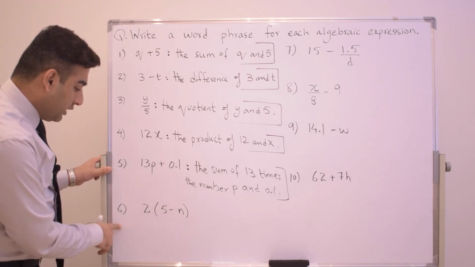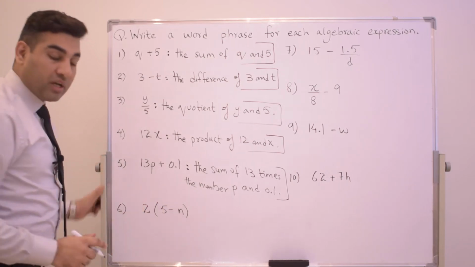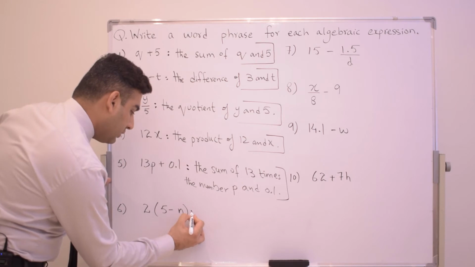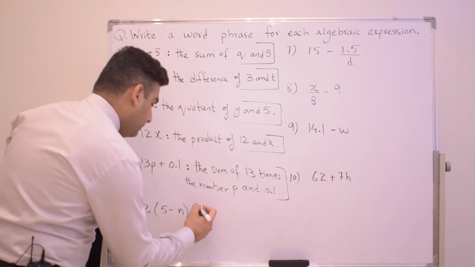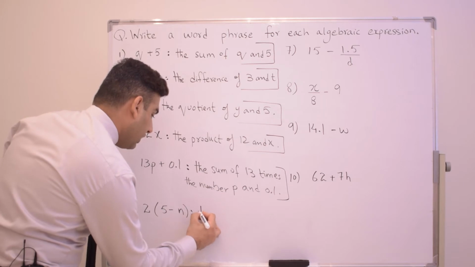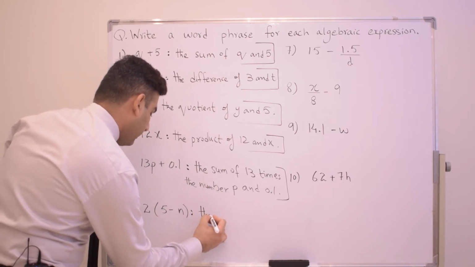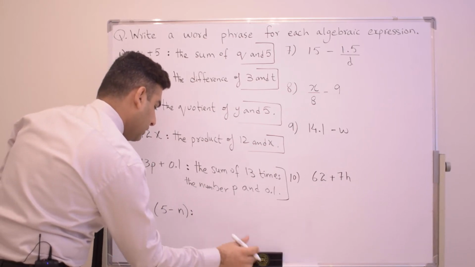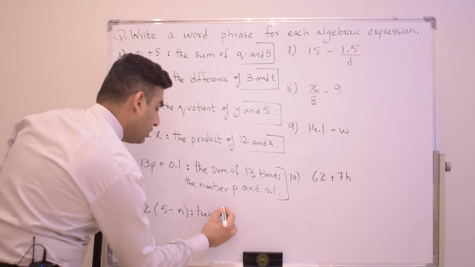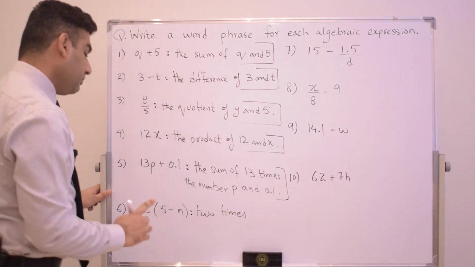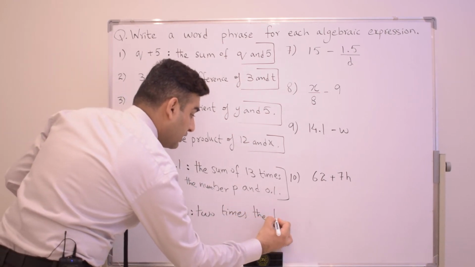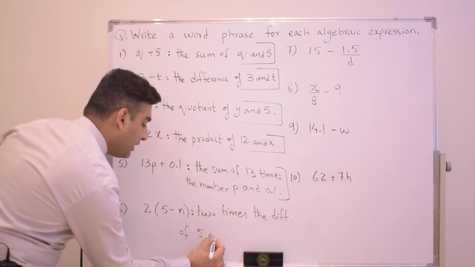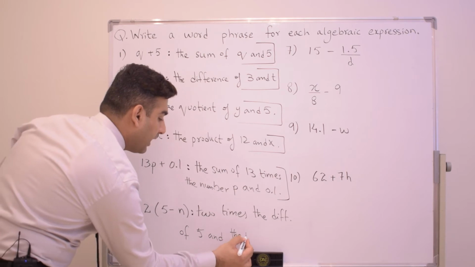Guys, we have number 6, 2 times 5 minus n. So guys, 2 times is a product. So this product we can write as 2 times the difference of 5 and the number n.